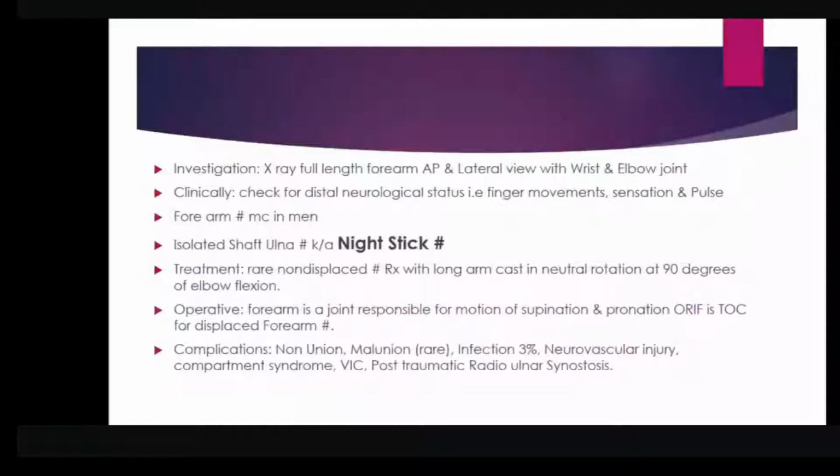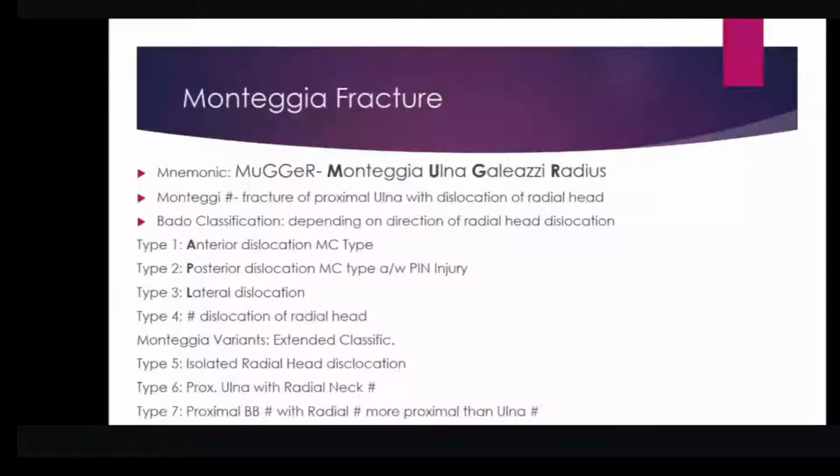Now, there are two particular variants of the forearm fracture. One is known as Monteggia, another is Galeazzi. Monteggia is basically a proximal ulnar fracture. Forget about the mnemonic. You just consider M for Monteggia, M for medial.